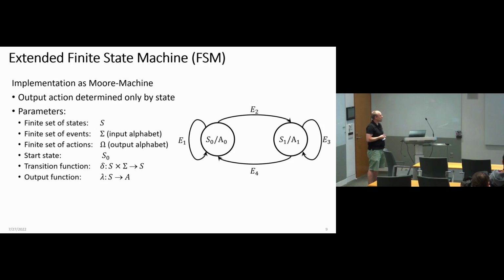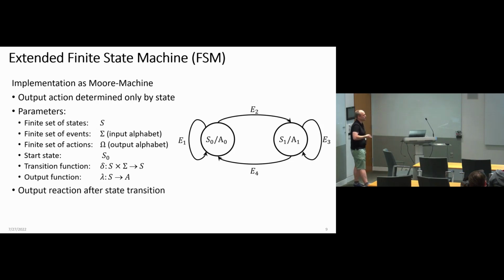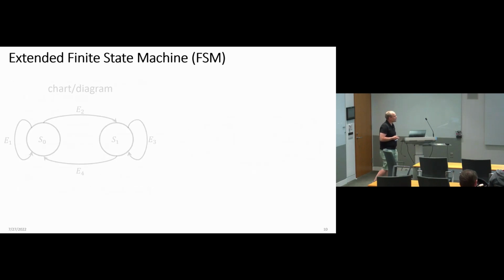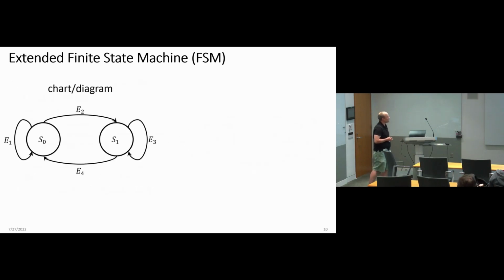And we have a specific state where the trial starts, and transition functions. Whenever we are in a state and a specific event occurs, we transition to another state. The output function depends only on the state, so whenever we enter a state, we perform the output actions defined for that specific state. That's the underlying concept, and a standard finite state machine approach would be too limited, as we're going to see in the next slide.